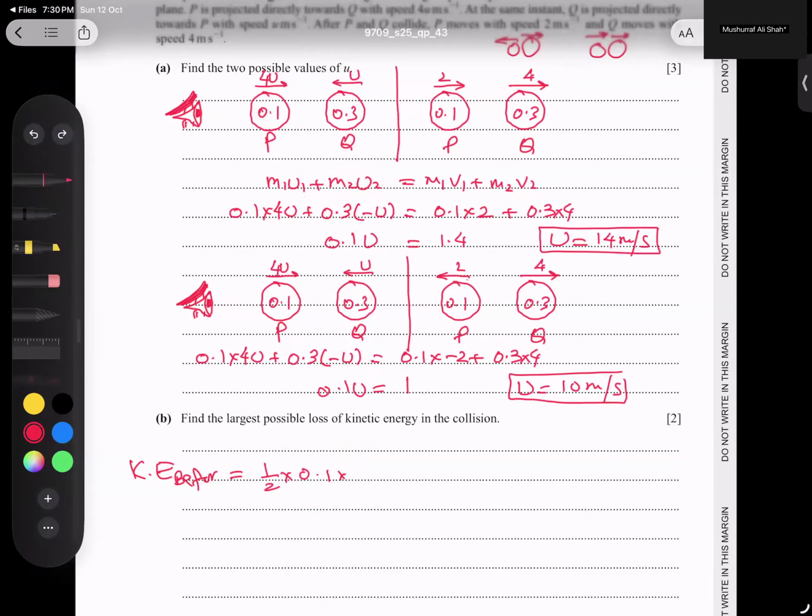So 14 into 4 gives 56, half mv squared plus half m, and this is the same, 14. I think the idea is very clear. So let me find it: half into 0.1 into 56 squared, plus 1 by 2 into 0.3 into 14 squared.